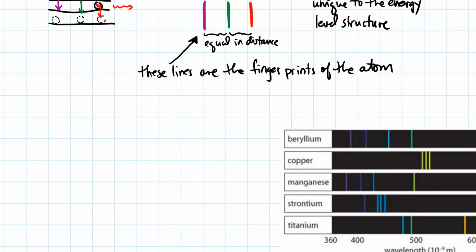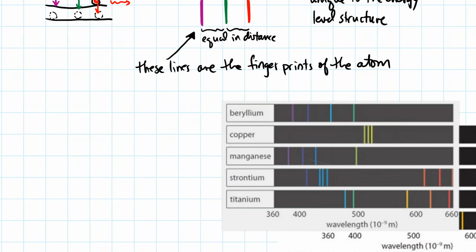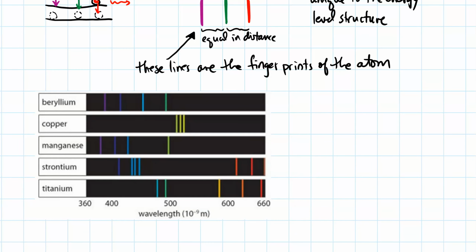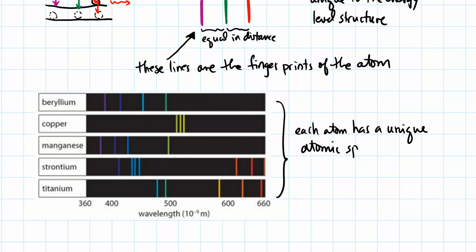So if I was to show you an image here, you could see right here that we have what? We have beryllium, copper, magnesium, strontium, and titanium, and you could see that the lines that they have are all different here. So this line structure tells us that each atom has a unique atomic spectra.